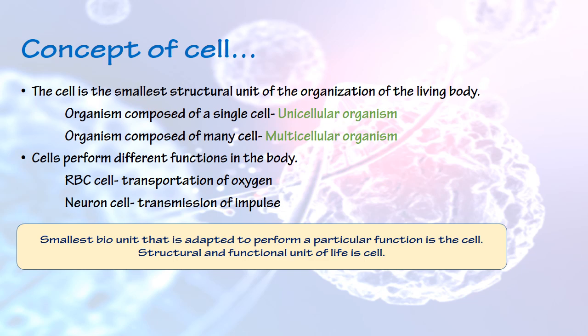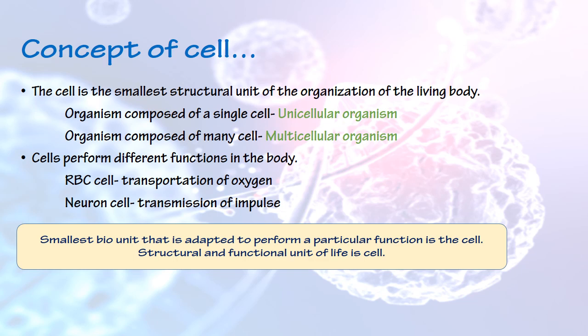Neuron cells help in the transmission of impulses, and parenchyma cells in plants store food. So cells perform different functions in the body. These include nutrient uptake, reproduction, growth, water removal and reacting to external changes.